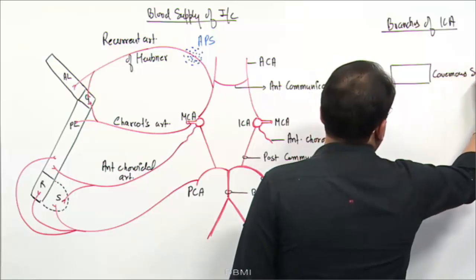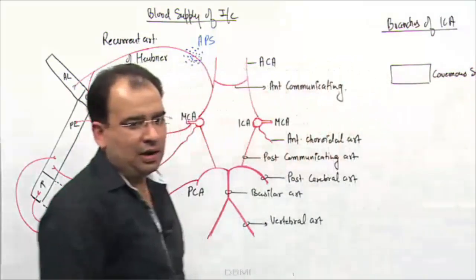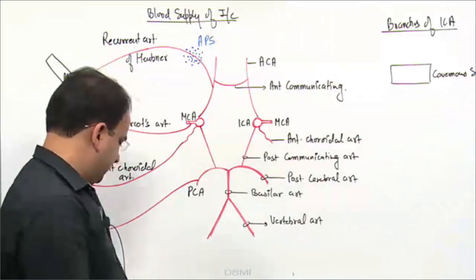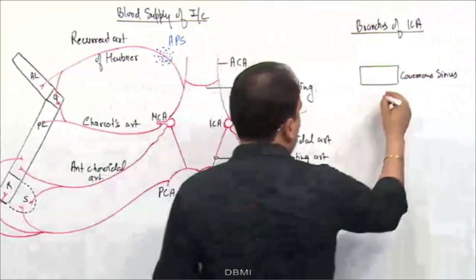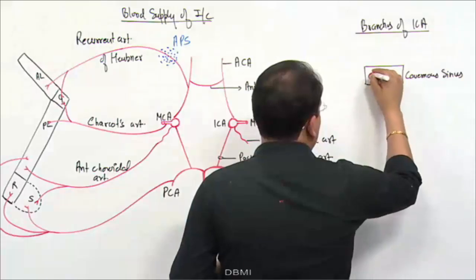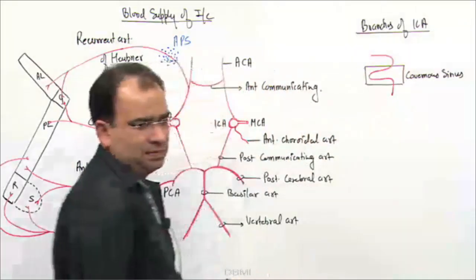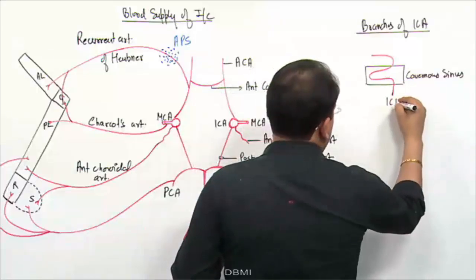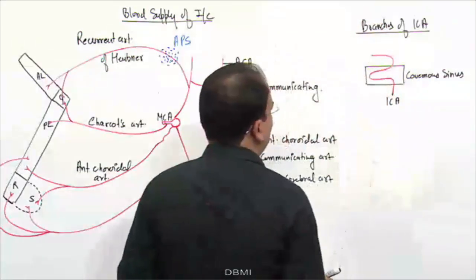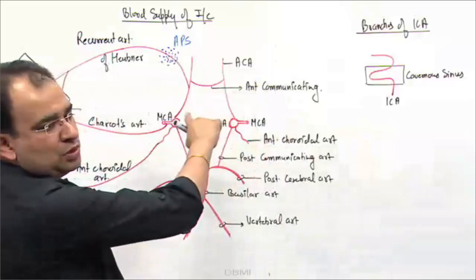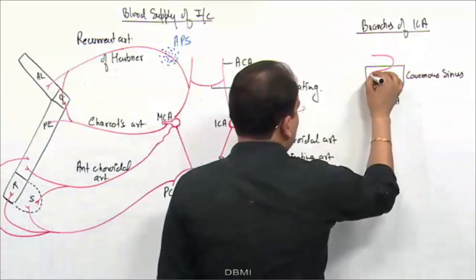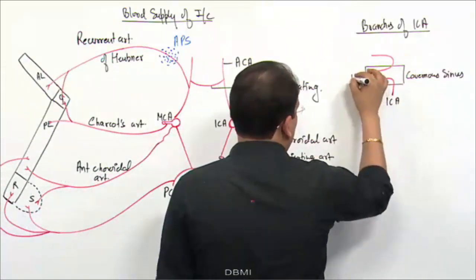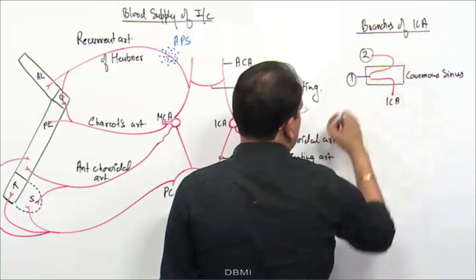If you remember, we said the internal carotid artery goes through the cavernous sinus, makes the carotid siphon and comes above to form and contribute to the circle of Willis. So there are two parts of this internal carotid artery in this region. This is one, and this is two.